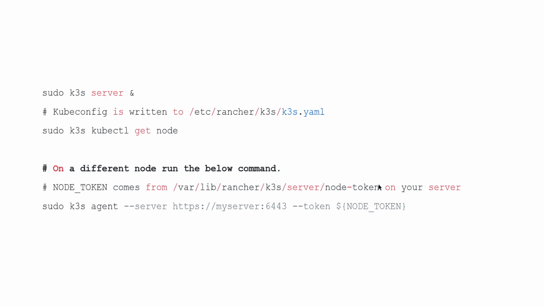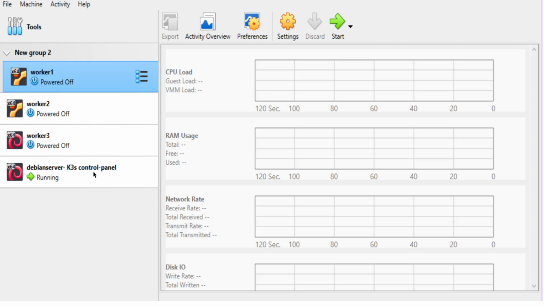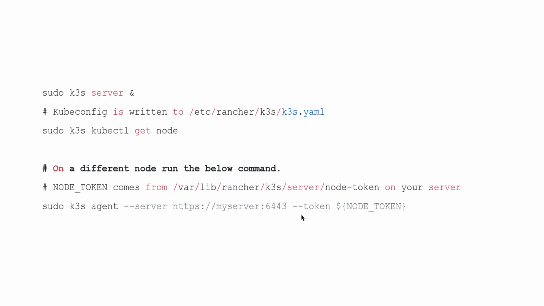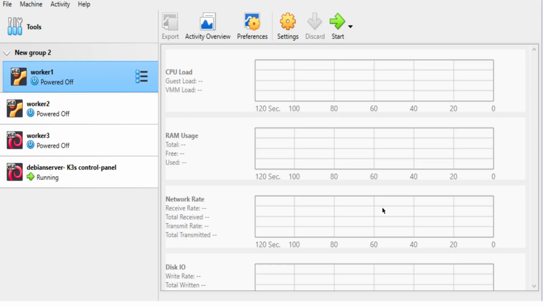You can copy the token from here and use this command, k3s agent with the server, and my server would be the IP address of the K3S control panel, and we're going to put this token.